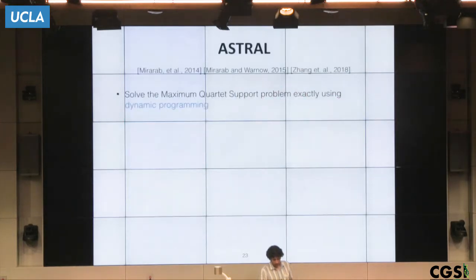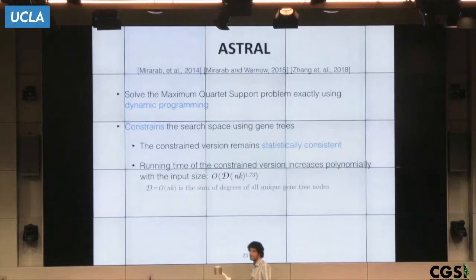Okay, so we developed the dynamic programming to try to solve it. To solve the problem exactly is obviously exponential running time because the problem is NP-hard. We came up with a constrained version of the problem. It basically boils down to not searching the entire search space, but searching parts of the search space that are defined by our input gene trees, and this becomes polynomial time.